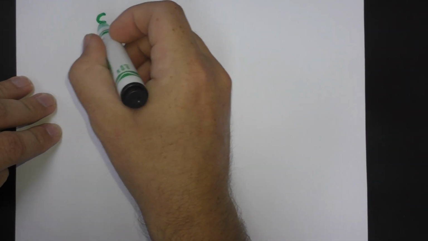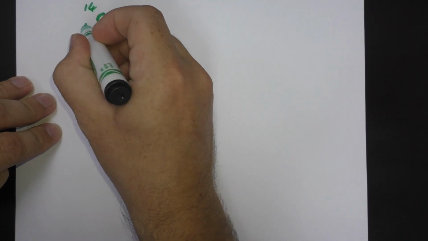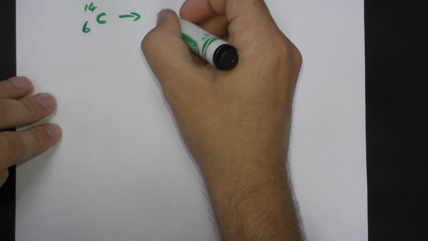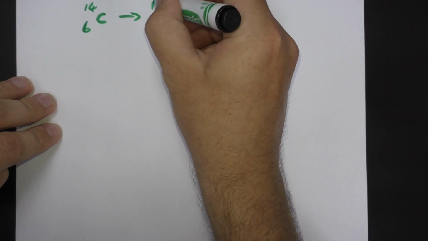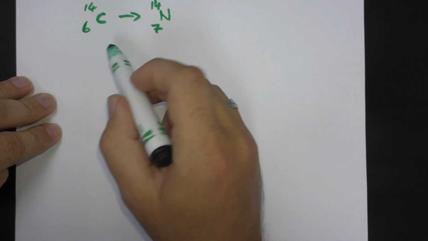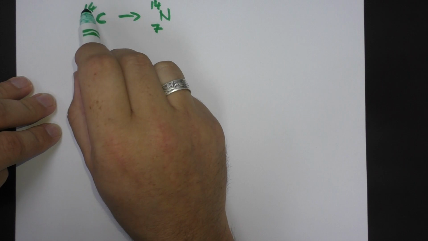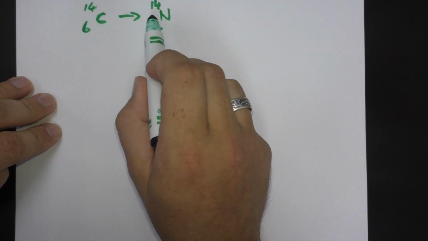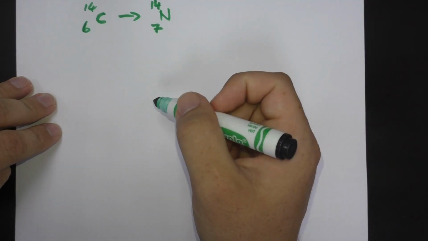So carbon-14, apologies, and 6. And that goes to nitrogen 7, 14. So you can see here that the proton number has gone up. As you can imagine, the total nucleon number has stayed the same. So we've increased our number of protons. Hence, a neutron has become a proton.